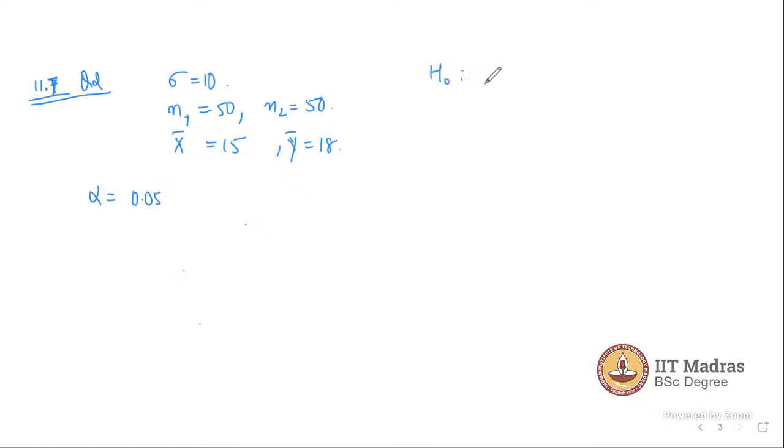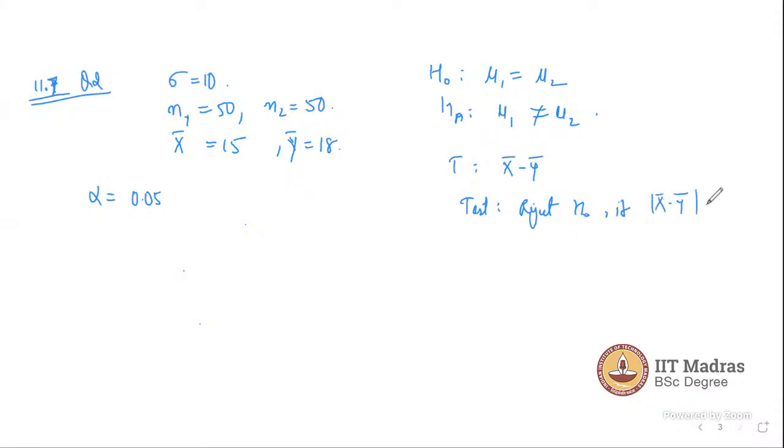The null hypothesis is mu1 equals mu2 and the alternative is mu1 not equals mu2. The test statistic we're taking is x bar minus y bar. Now the test says reject H0 if mod of x bar minus y bar is greater than say.